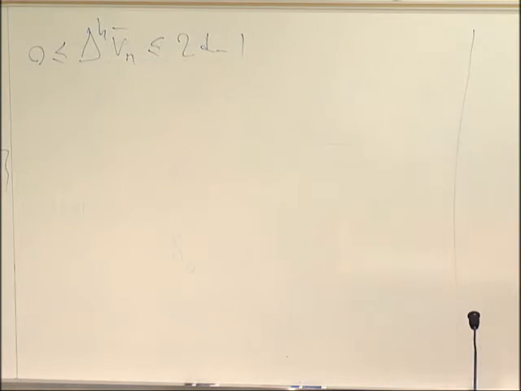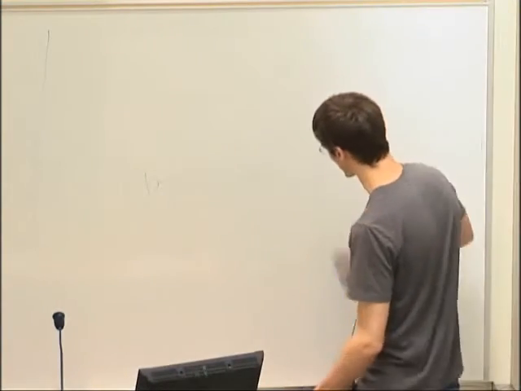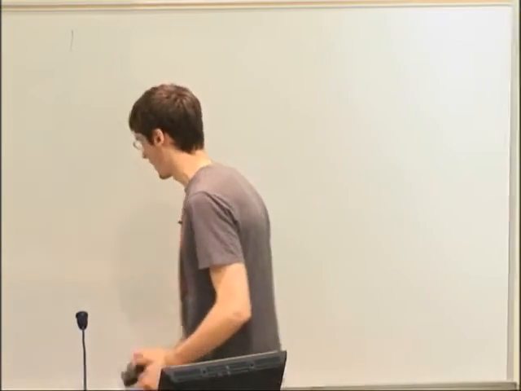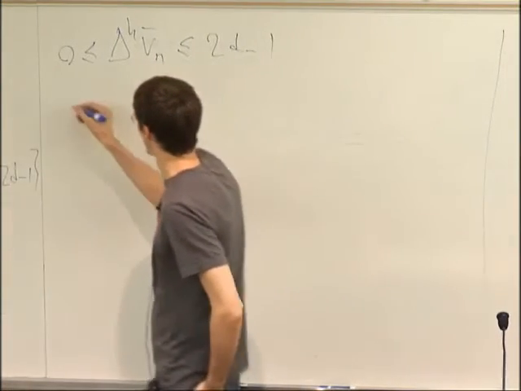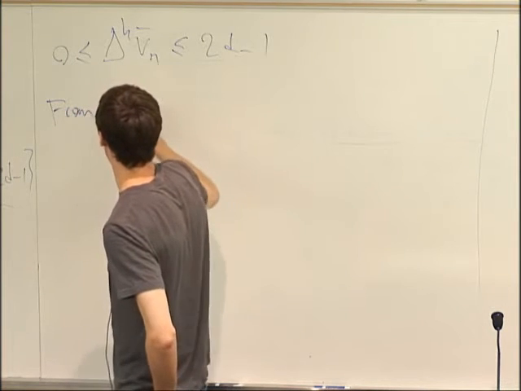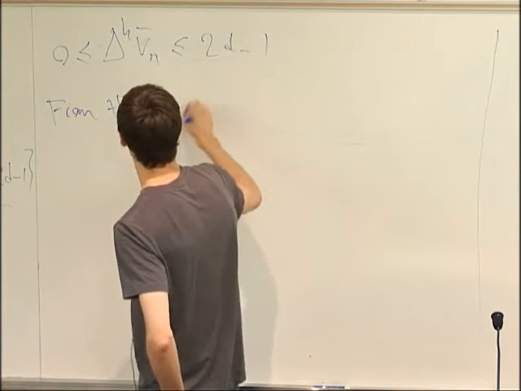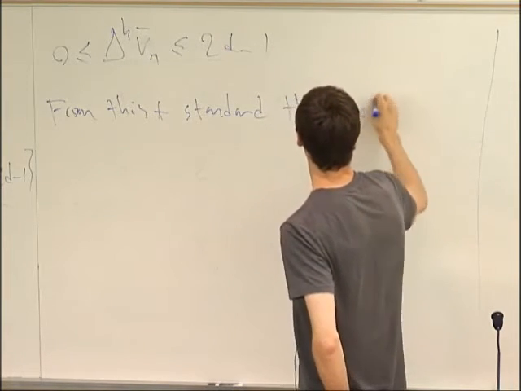so from that we get basically for free, from standard theory of finite difference schemes, regularity estimates for Vn.